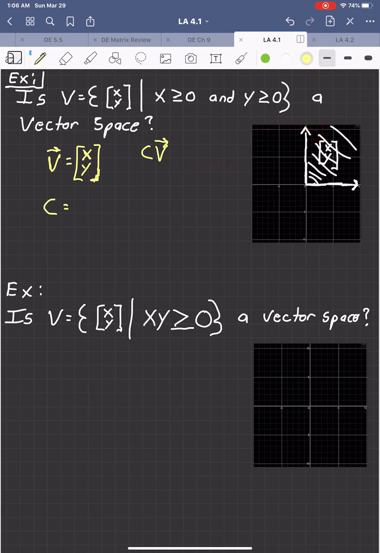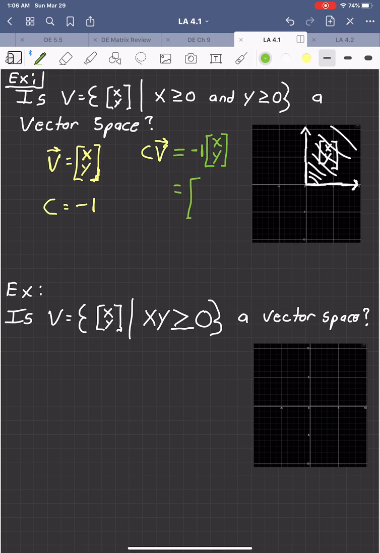So again, I'm going to cheat a little bit. I'm going to choose a scalar of -1. Okay? So let's do some math here. I've chosen -1 for c, and I've chosen (x, y) for v.